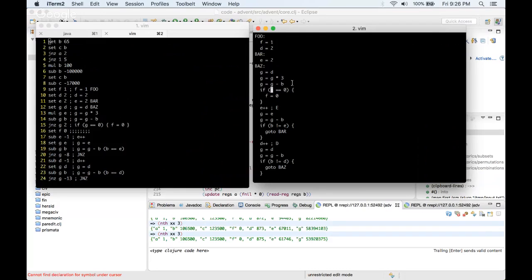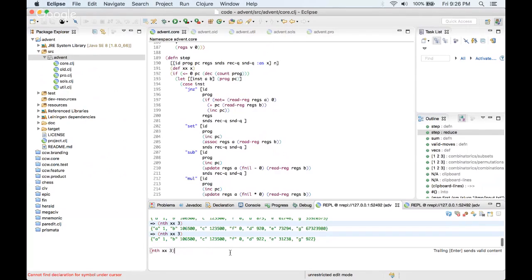Oh, interesting. Okay. This is basically saying whether it's the case, if it is 0, so if these two things are the same, so this is saying whether D times 3 is equal to B. Okay.